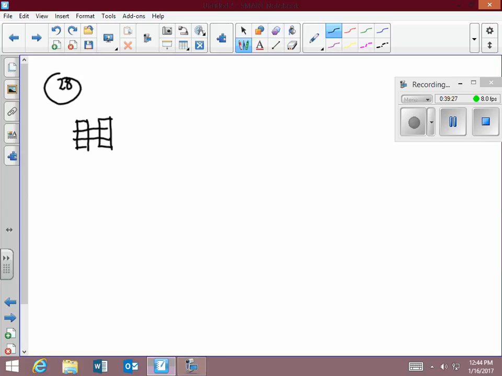So every time, what are they doing? Adding. You just added 4 extra squares on each one. They're adding 5 every time, aren't they? Oh, yeah, they're adding 5.